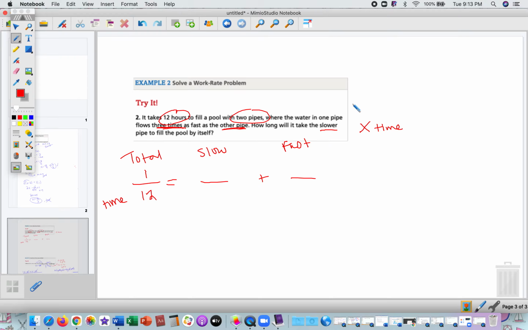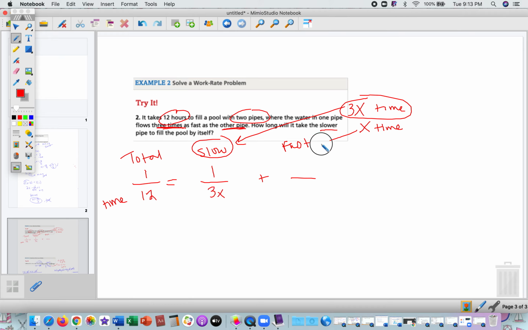The other takes 3 times as much time, right? Well, 3x represents more time, so it makes sense that the slower pipe is going to take more time. So the slower pipe is 1 over 3x.